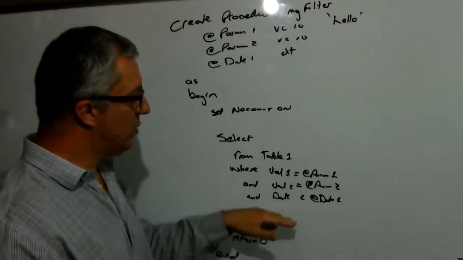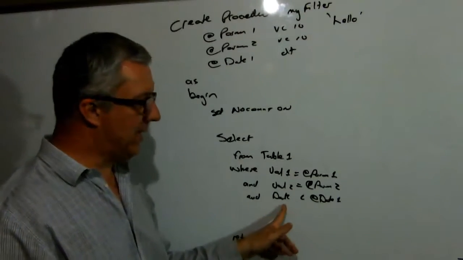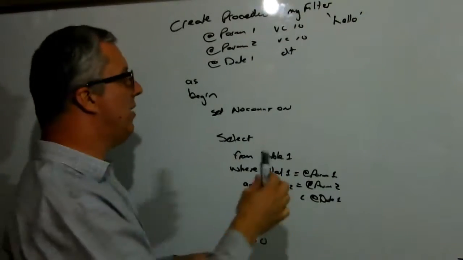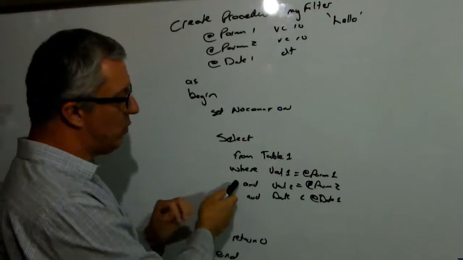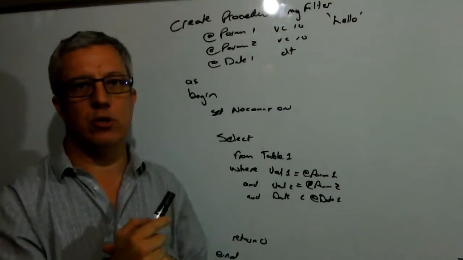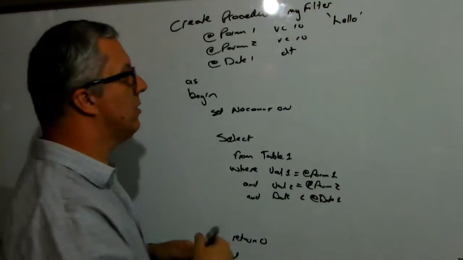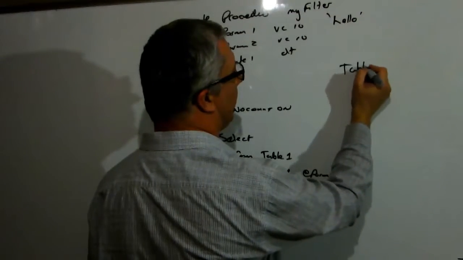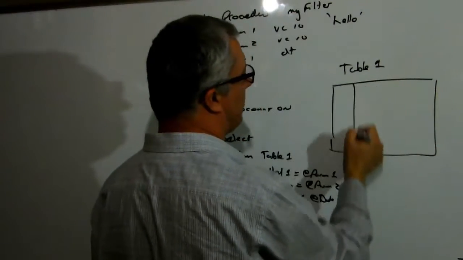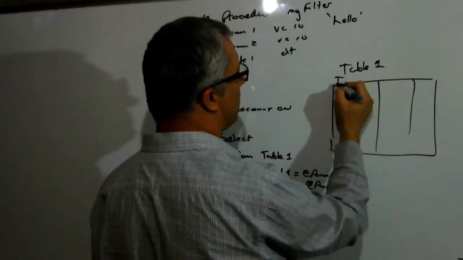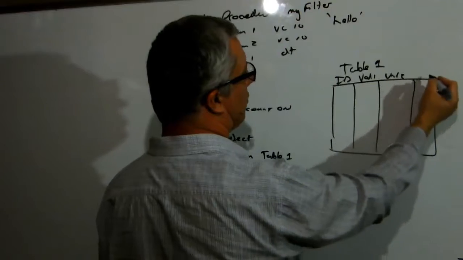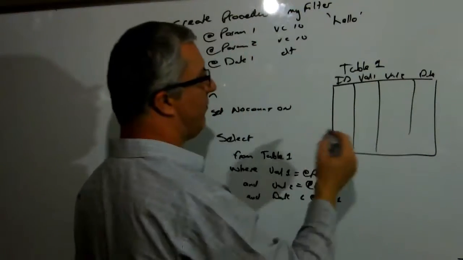Similarly, with my date, anything that has the date field less than the date that I've specified will return true. In this case, because I used an and, all three conditions must be true for that record to be returned. So let's say we have a table with values here: that's my ID, that is val1, val2, and date, those are my fields.